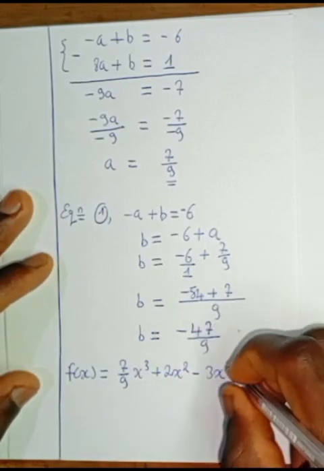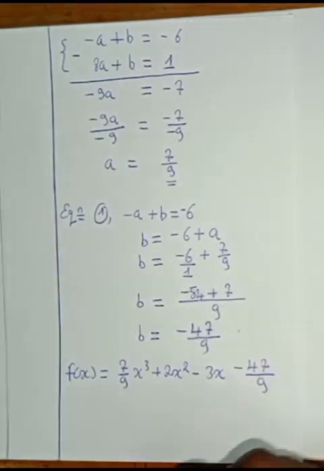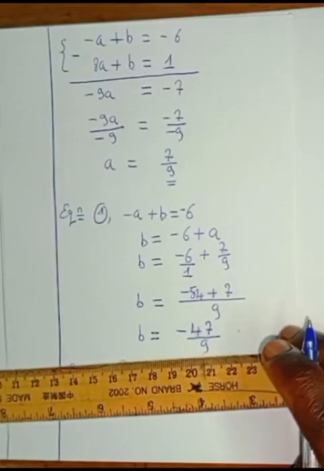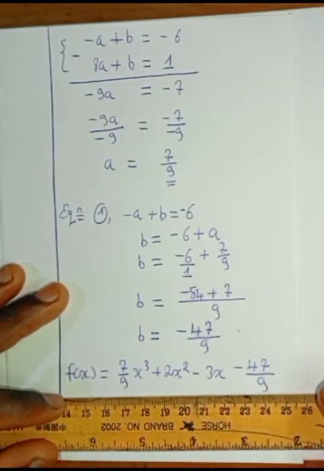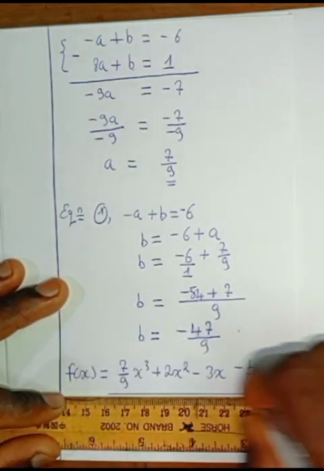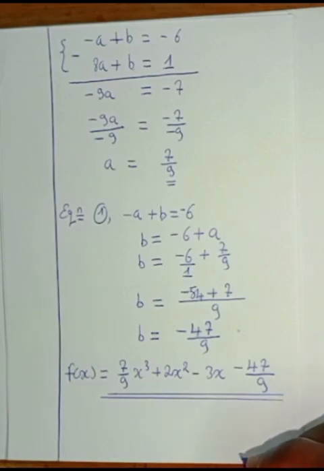We have our b as negative 47 over 9. So this is the polynomial that leaves a remainder of negative 1 when divided by x plus 1 and a remainder of 3 when divided by x minus 2. Underline the polynomial. We are done with the solution of the exercise for application.